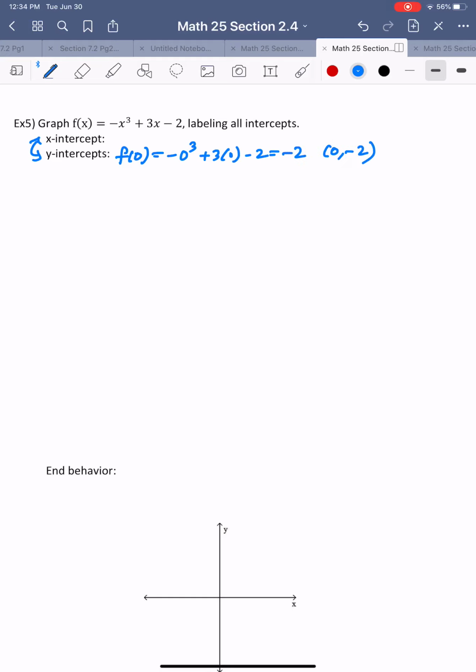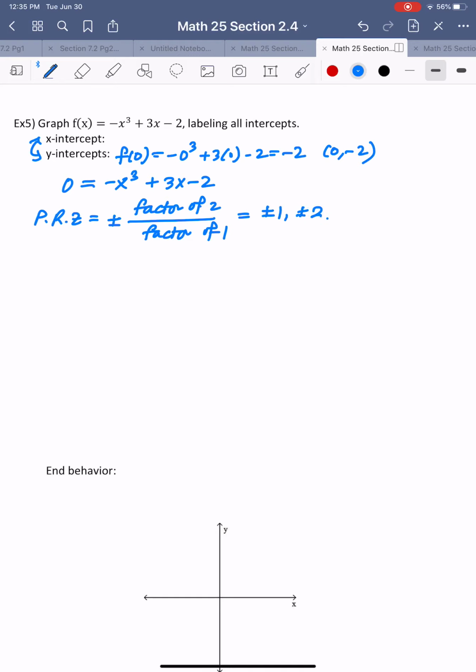And then for the x-intercepts, we need to set this equal to 0, which is negative x cubed plus 3x minus 2. But we have to find the possible rational zeros because it's not factorable. It's plus or minus factors of 2 over factors of 1, which is plus or minus 1 and plus or minus 2 for this case. So if I use 1, with 0 for the x squared term, 3, negative 2.